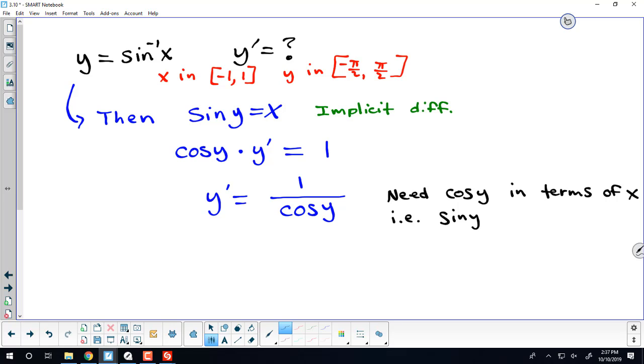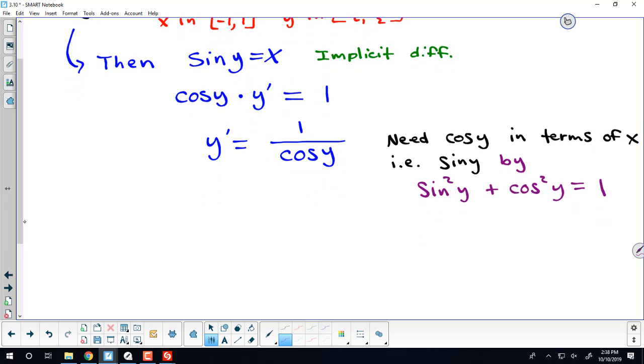So we express cosine y in terms of x by expressing cosine y in terms of sine y by the fact that sine squared y plus cosine squared y is equal to what? 1. So I need to solve for cosine of y. I'm solving for a square, so it's the plus or minus square root of 1 minus sine squared y.